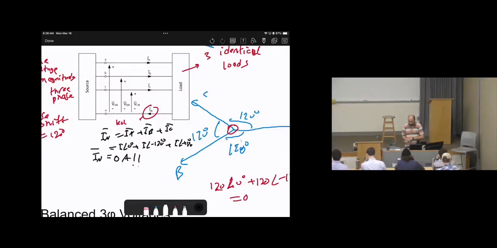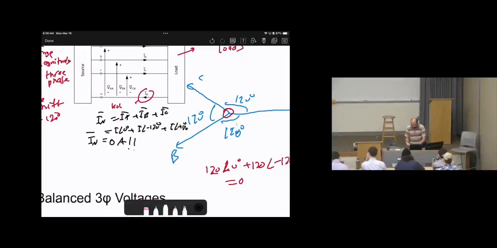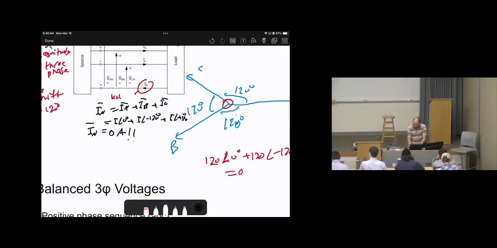So if we assume all of them have angle 0, this means I angle 0 plus I angle 0 plus I angle 0. This here means 3 times I angle 0 degrees. What does this mean? 3 times the current will be flowing in the neutral if we remove the phase shift, if we assume there is no phase shift. So this means the neutral current will be very large.